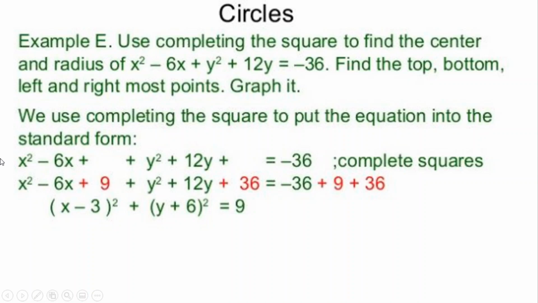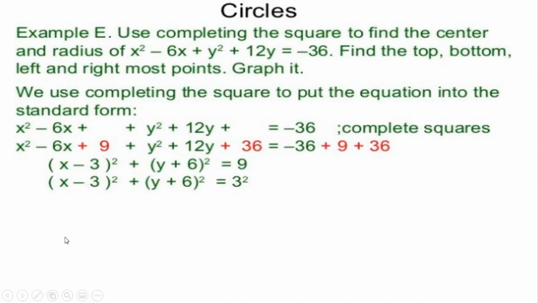So, x squared minus 6x plus 9, we can have its perfect square as x minus 3. Then y squared plus 12y plus 36, its perfect square is y plus 6, is equal to 9. Okay, so we arrive at our standard form of the circle.